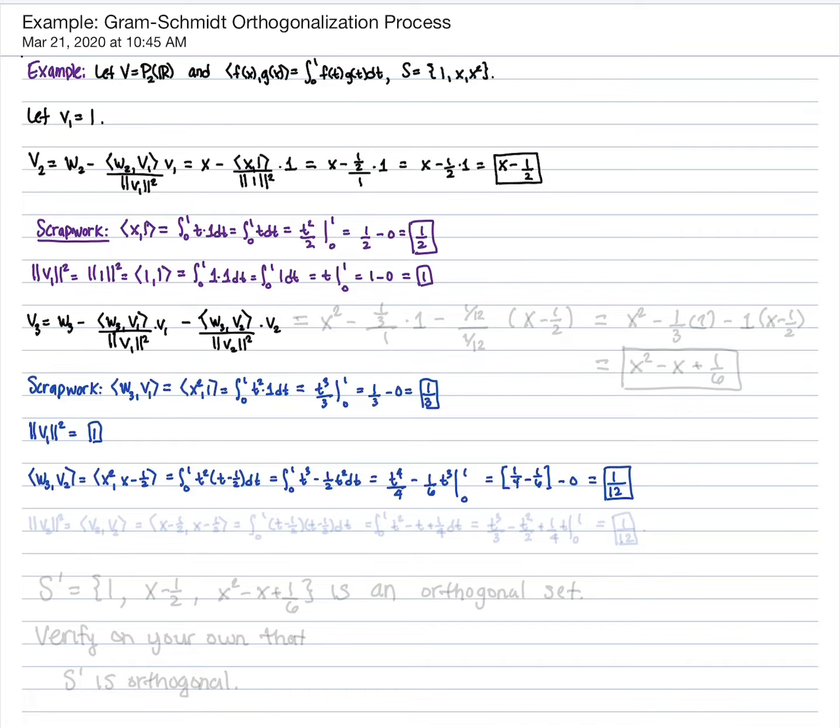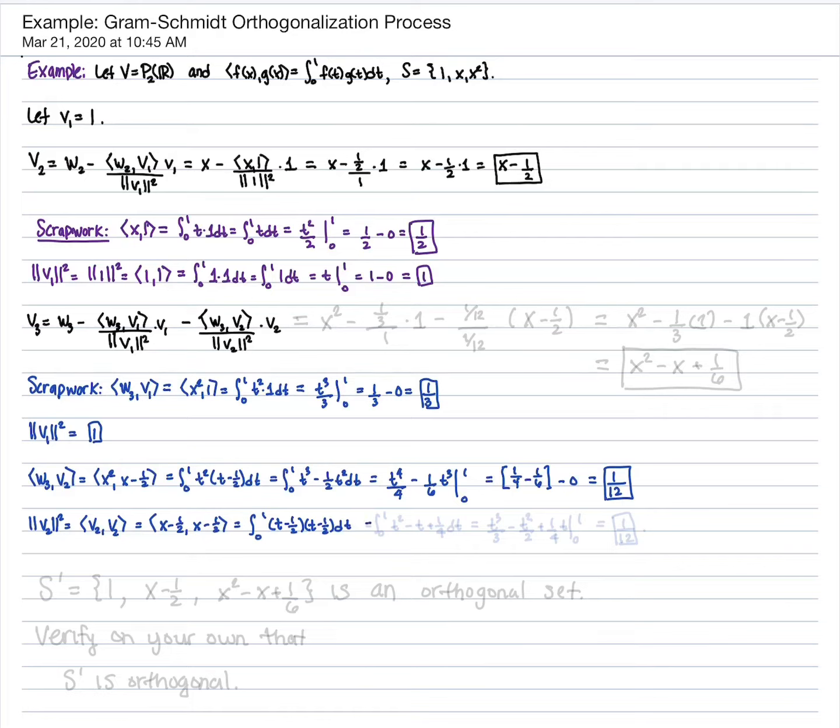All right, and then last thing is we need to find the length of V2 squared. So that's the inner product of V2 with itself. So the inner product of x minus 1/2 and x minus 1/2, which is the integral from 0 to 1 of t minus 1/2 times t minus 1/2 dt.